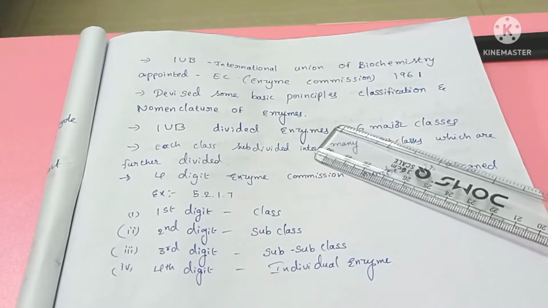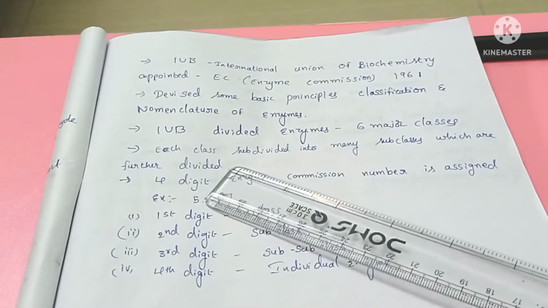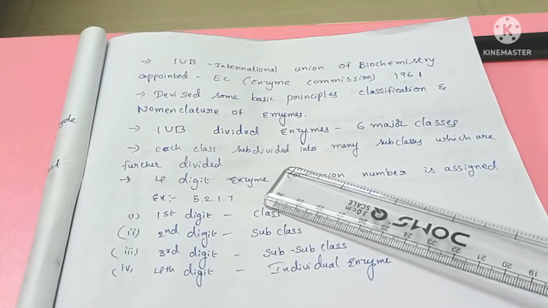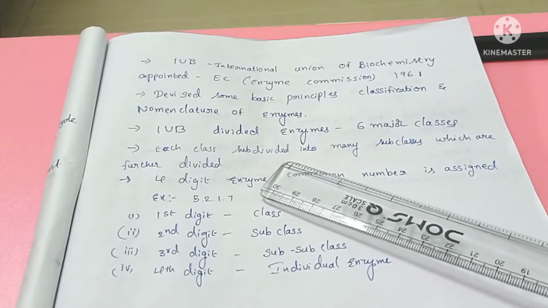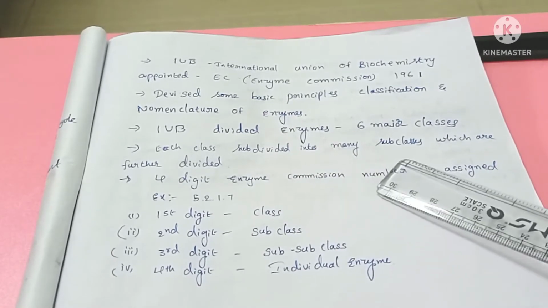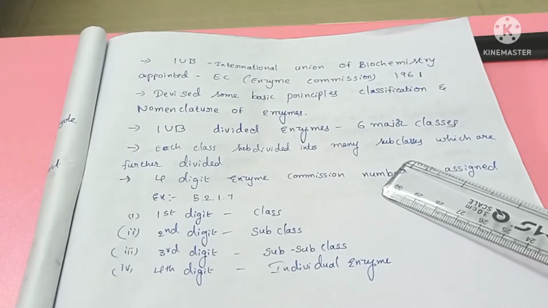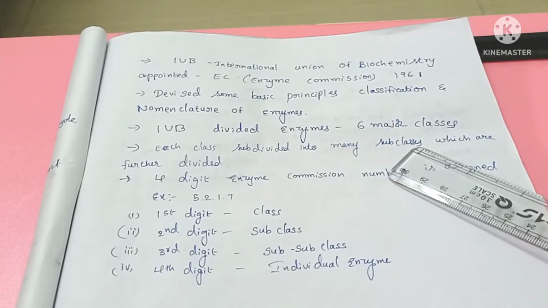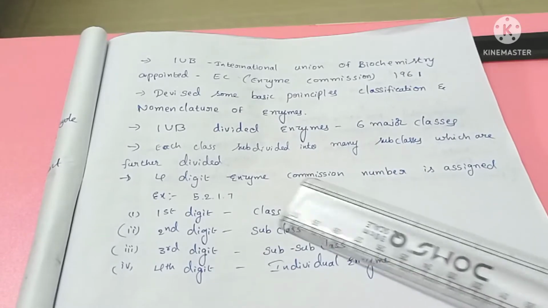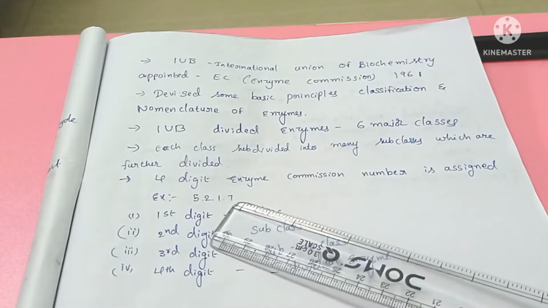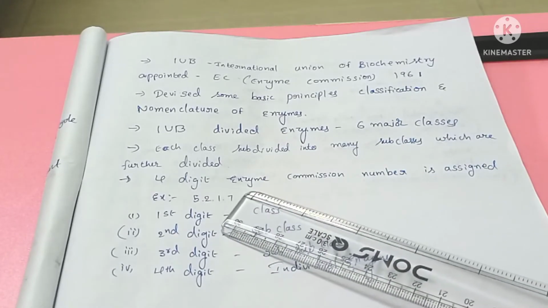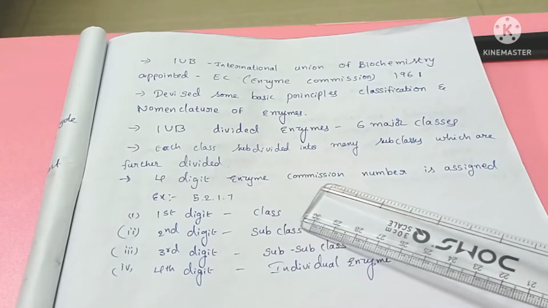According to those principles, the IUB divided enzymes into 6 major classes, and each class is again subdivided into many subclasses, which are further divided into subclasses, etc. For enzymes, the IUB has assigned a 4-digit Enzyme Commission number.